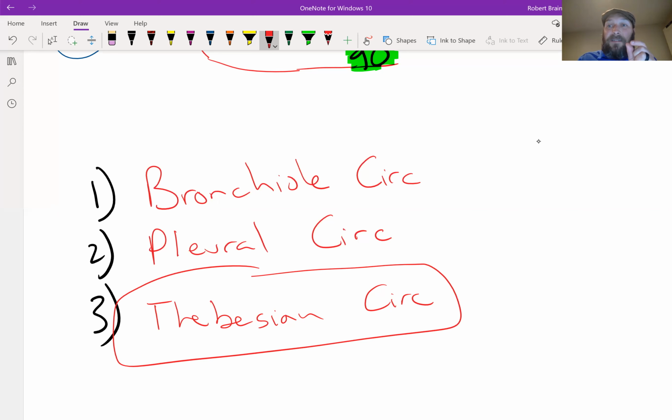Since that venous blood is so close to the lumen of the heart, it will get dumped back into the lumen of the heart, and it will decrease the overall oxygenation of the blood leaving the left side of the heart by a little bit.